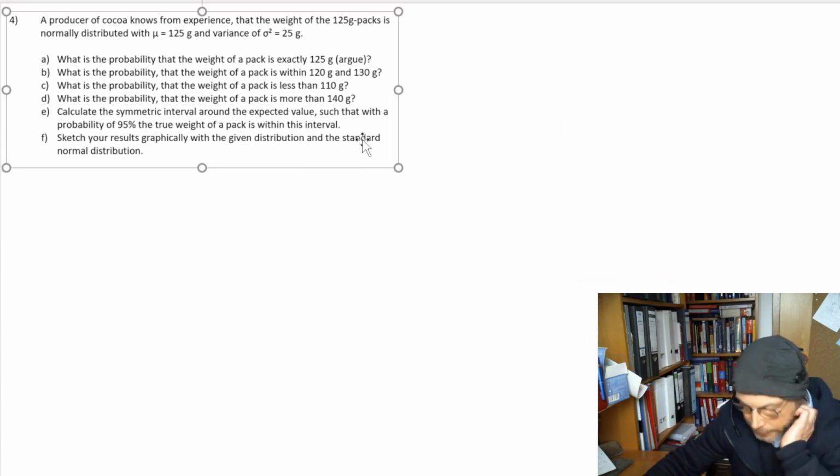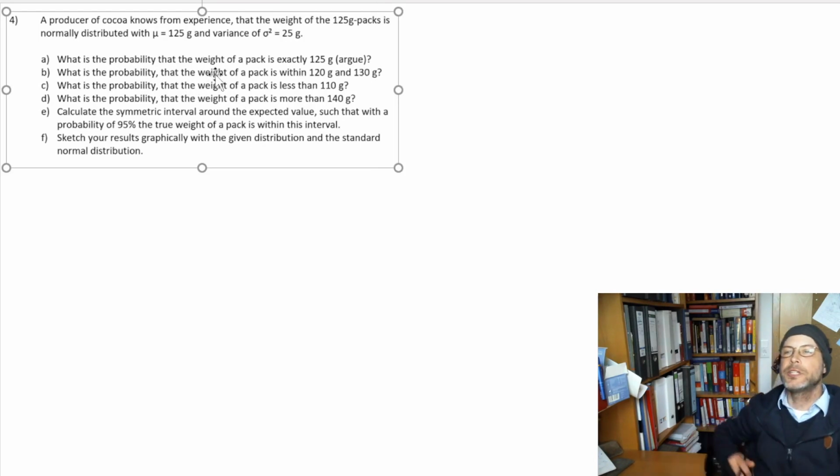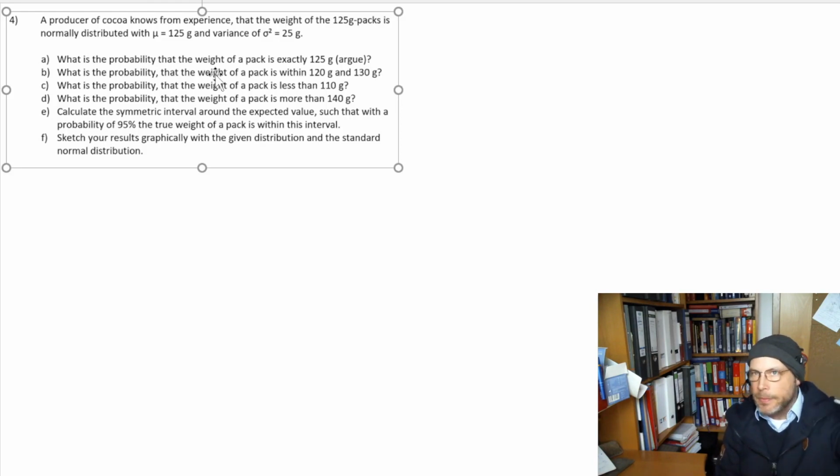A cacao producer is filling up his packages, and usually he also writes on his packages that within the package are 125 grams, but unfortunately you make some errors with your filling machines or something else.